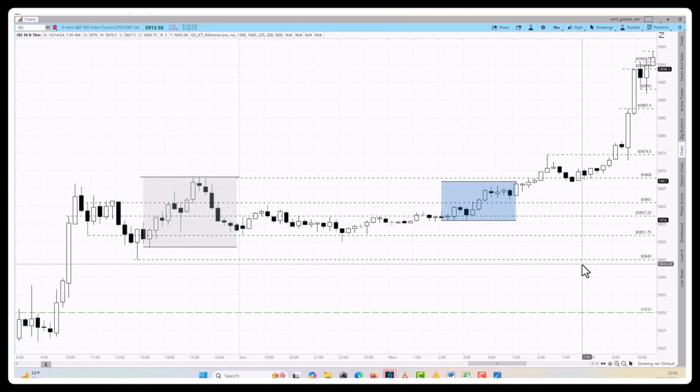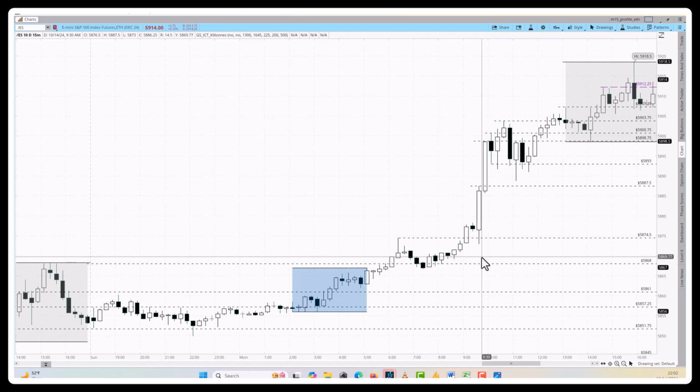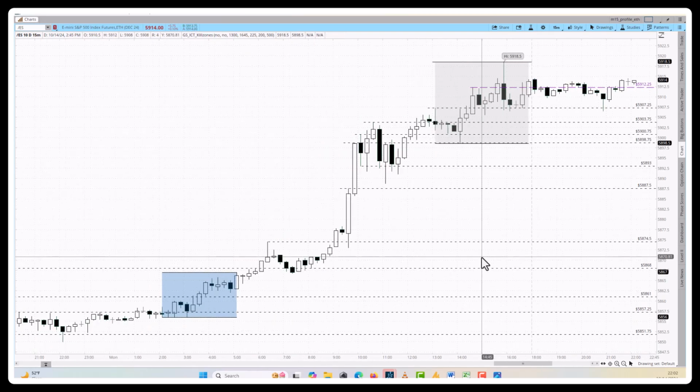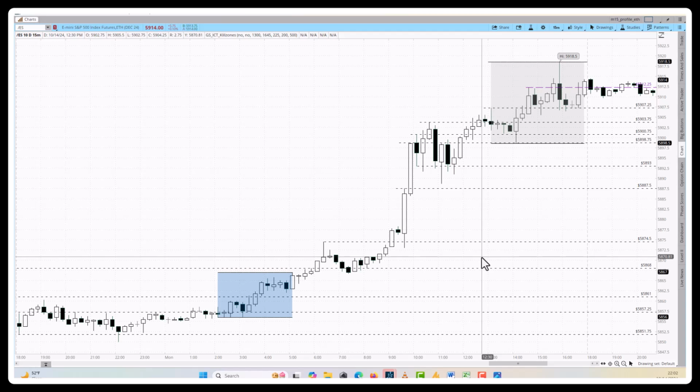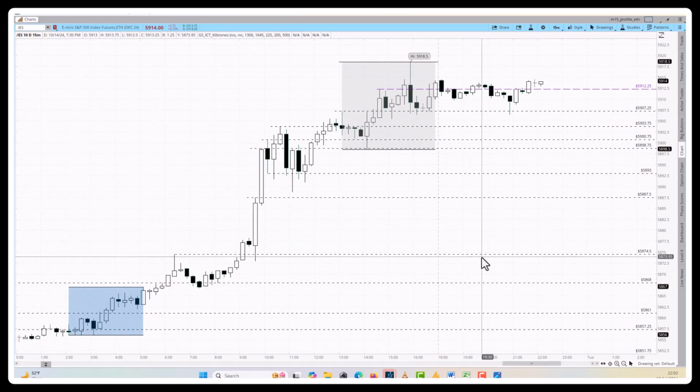So those are just a little bit different, but the common theme is that it's a rally day. Let the winner run right there. Today and Friday, pretty much the same pattern.